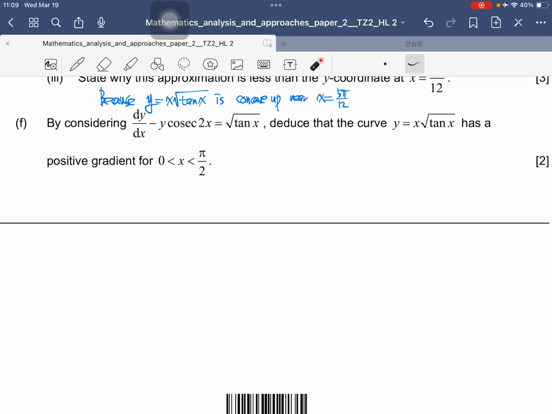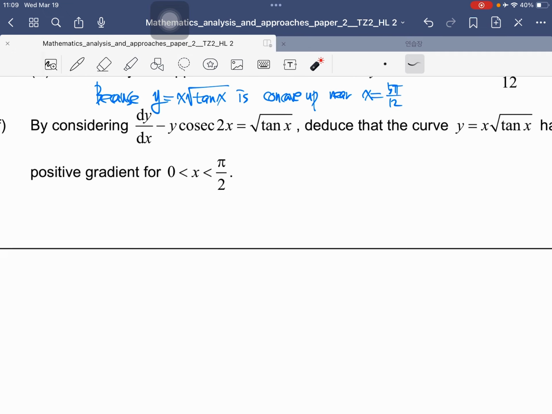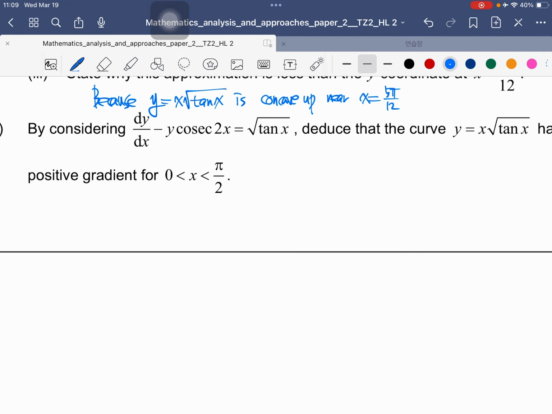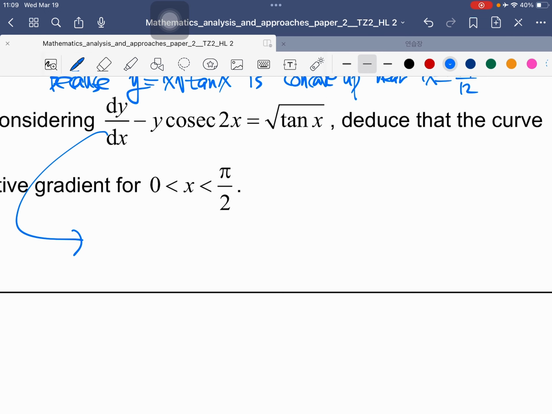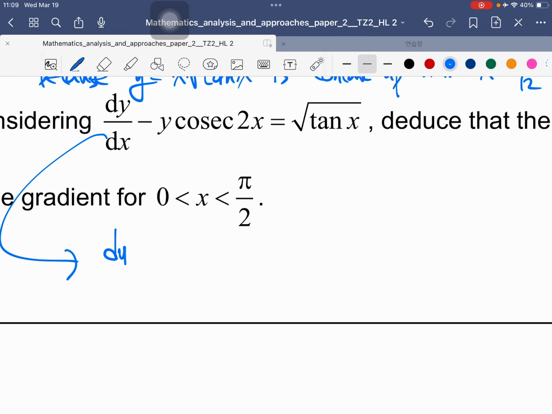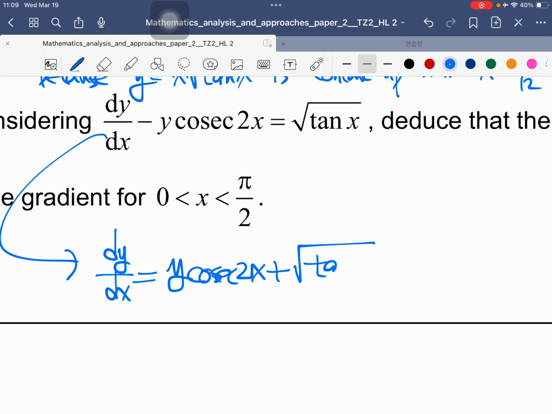Positive gradient when x is like this. See this function. This function can be rewritten: dy over dx can be rewritten as y cosecant of 2x plus square root of tangent of x.